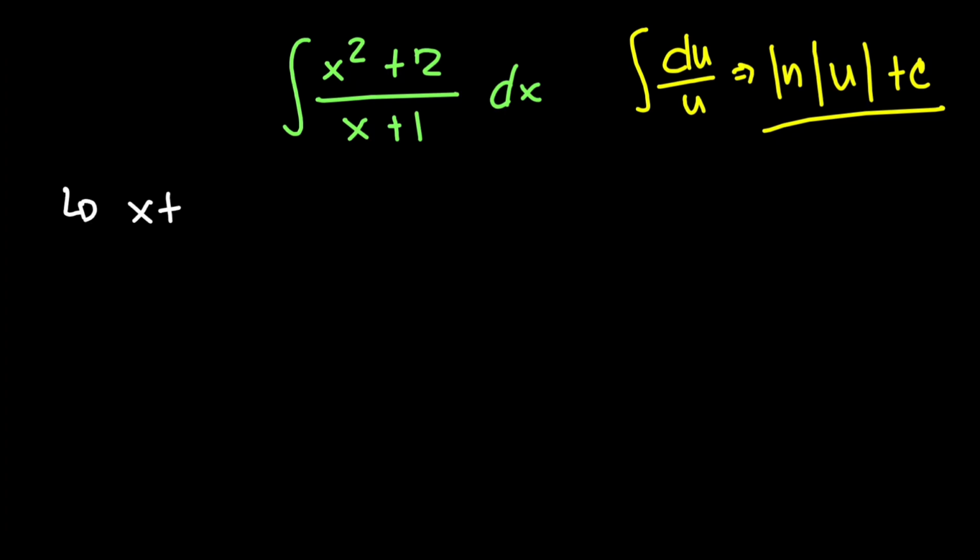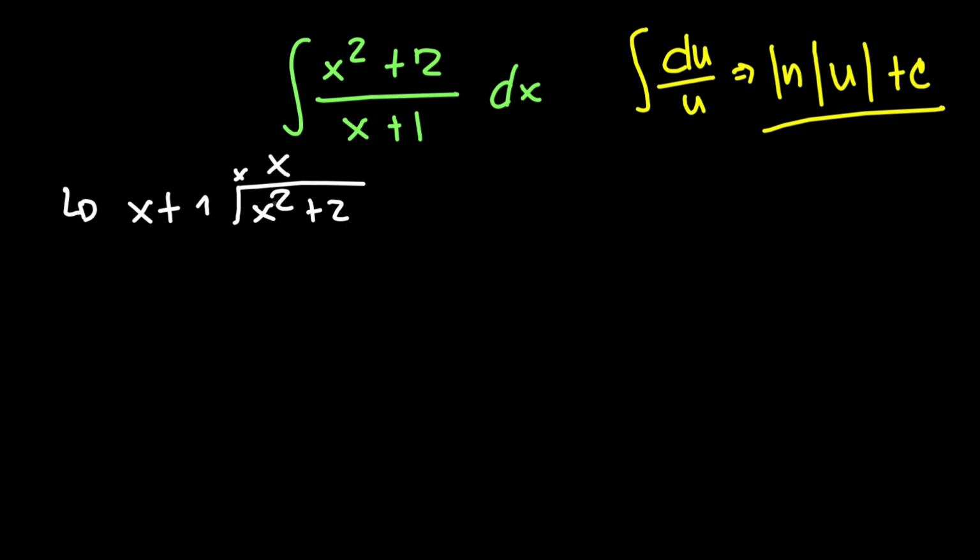So this would be x squared plus 2 divided by x plus 1. x squared divided by x would simply be x. And we cannot divide 2 by x since they are not common terms.